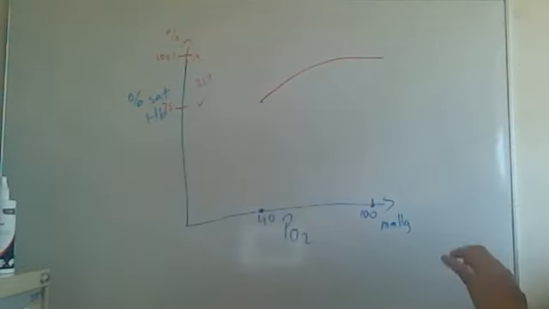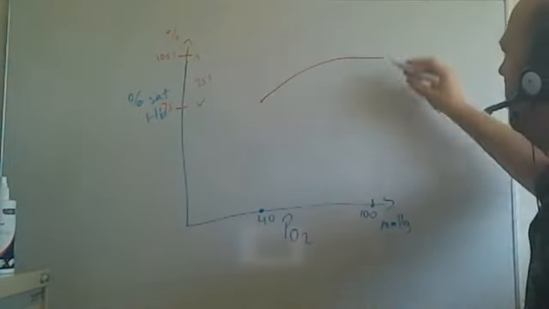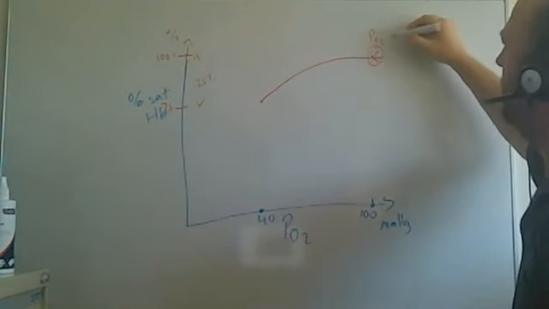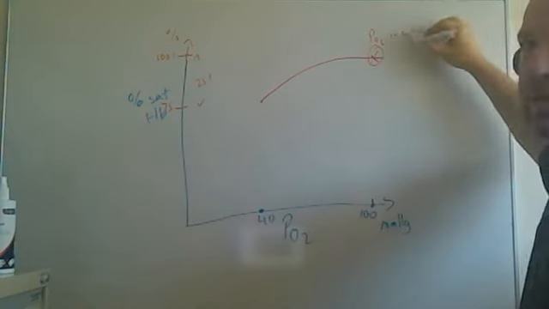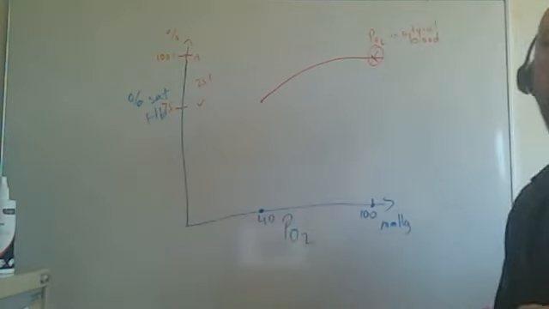So what does this mean? Well, if we go back and look here, this point here, 100, this is the PO2 in your arterial blood, or also, of course, the PO2 of the alveoli.